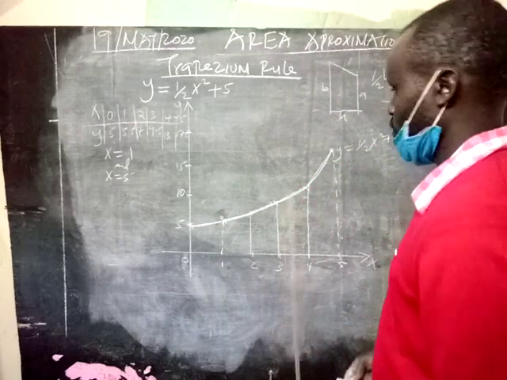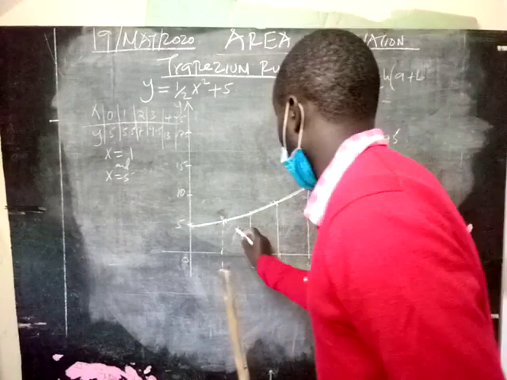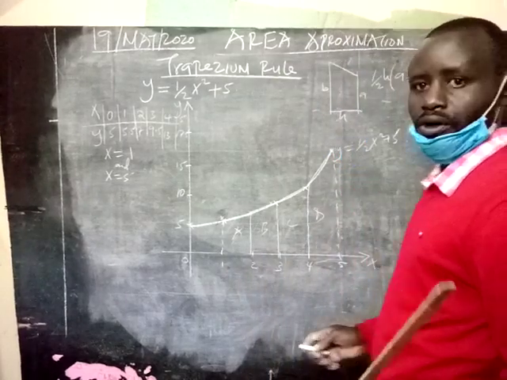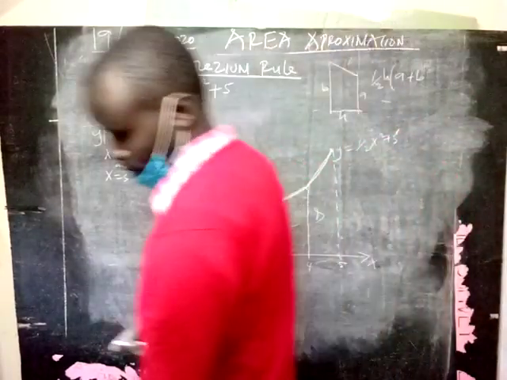So we have A, B, C, D. We have 4 trapeziums.